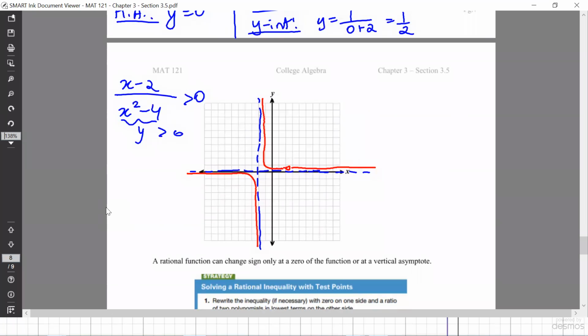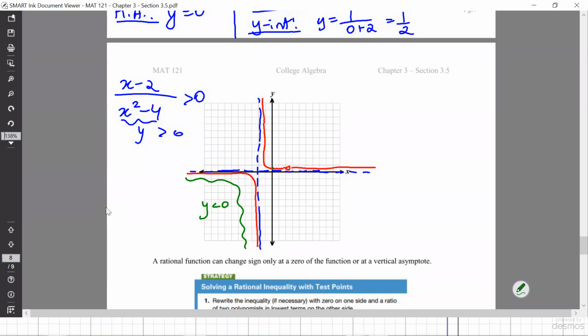Where is y greater than 0? The right side. So look at the left-hand side of our graph here, and that's the graph in the red. You can see all of that graph, the left-hand arm is below the y-axis, right? Which means all my y values are going to be negative on this side. So for this whole section here, your y value is going to be negative. So that's not my inequality.